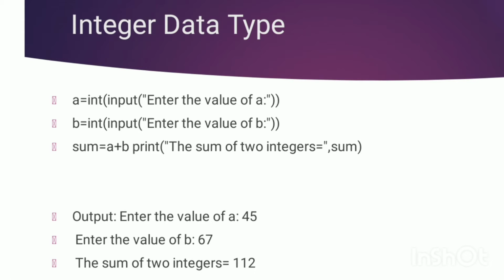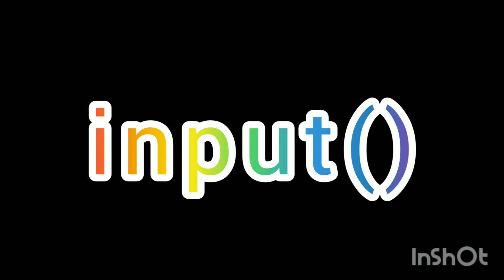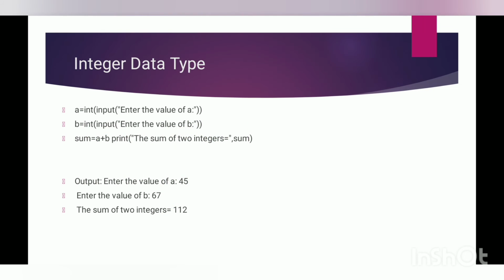It means we are accepting the value with the help of the input statement, and then that value will get converted into integer form and it will get assigned to a. The input statement in Python is used to accept the input from the user. That's why the data type of a will be integer, as we are assigning an integer value to a.